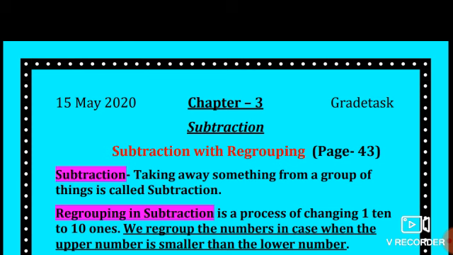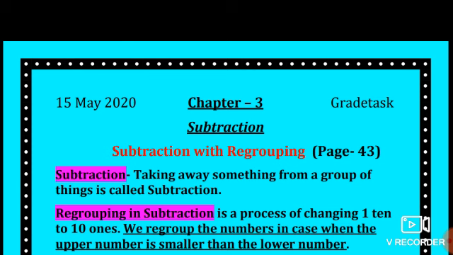In regrouping in subtraction, we have to change the group of 1 ten to 10 ones, as you have done on page number 42, students. In that same way, you have to change 1 ten to 10 ones when the upper number is smaller than the lower number.